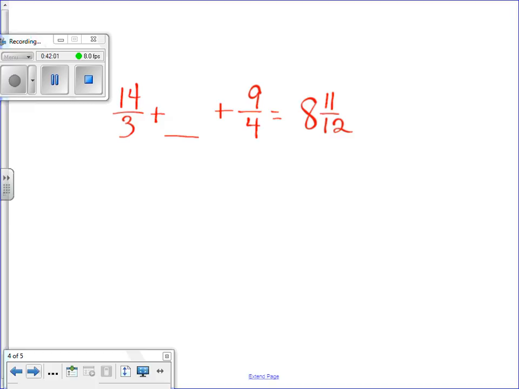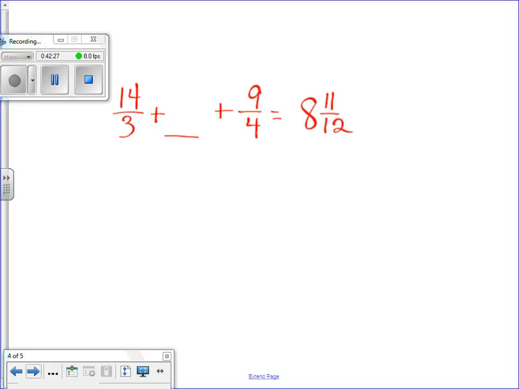So I need to take this, and I need to take this, and I need to move them to the opposite side. To get them to the opposite side, I basically need to change their operation.